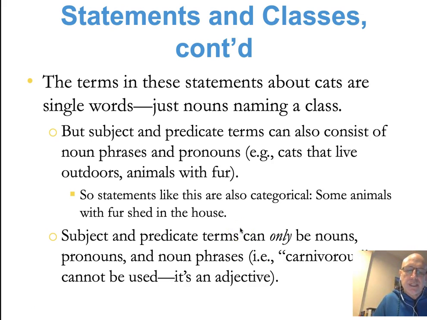Statements and classes. The terms in these statements about cats are single words, just nouns naming a class. But, and this is important to note, subject and predicate terms can also consist of noun phrases and pronouns, for example, cats that live outdoors, or animals with fur. Statements like this are also categorical. For instance, some animals with fur shed in the house.